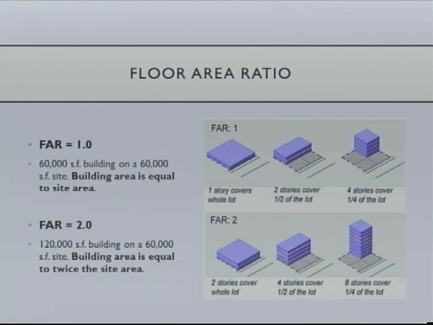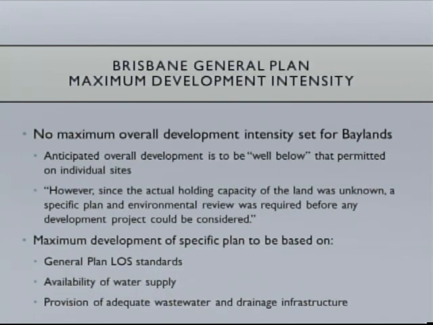So a one-story building covers the entire site, a two-story building covers half the site, a four-story building a quarter of the site. A floor area ratio of 2 is just double that amount, and that's just how it works. So you can see that with floor area ratios of 2.4 and 4.8, how intensive they would be.